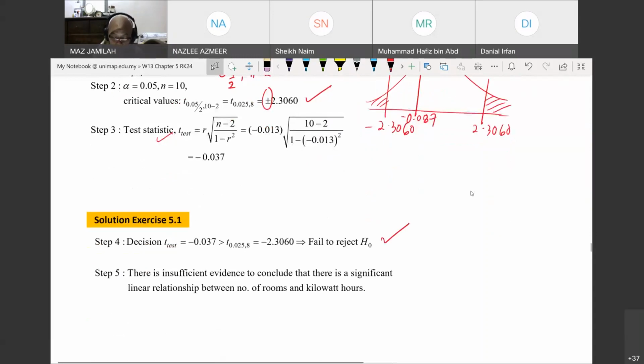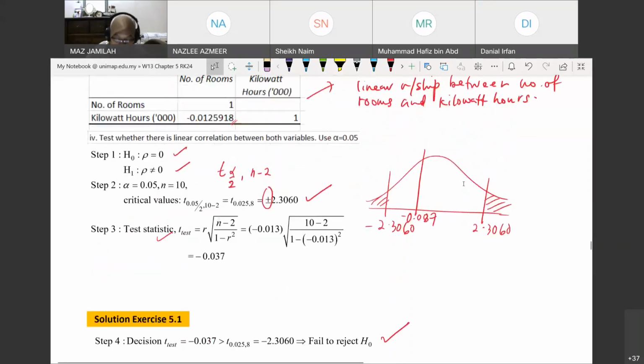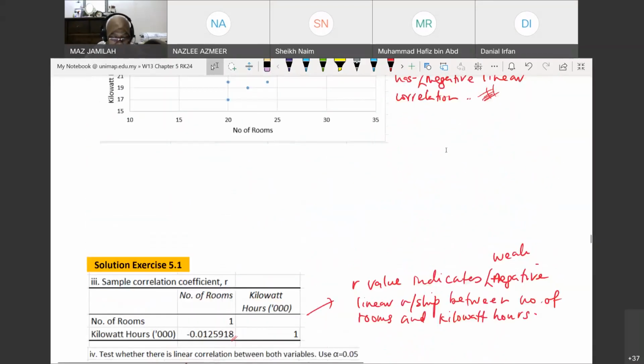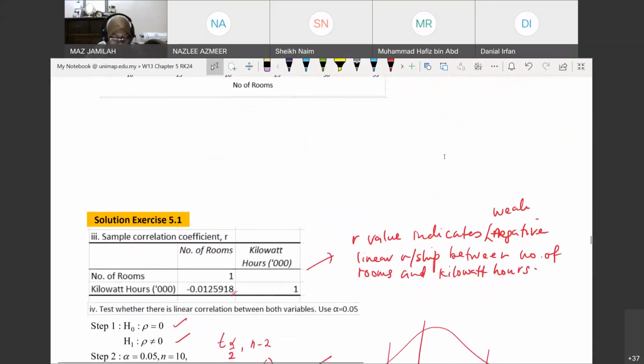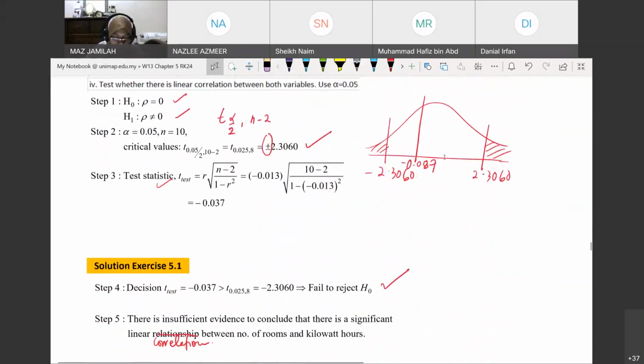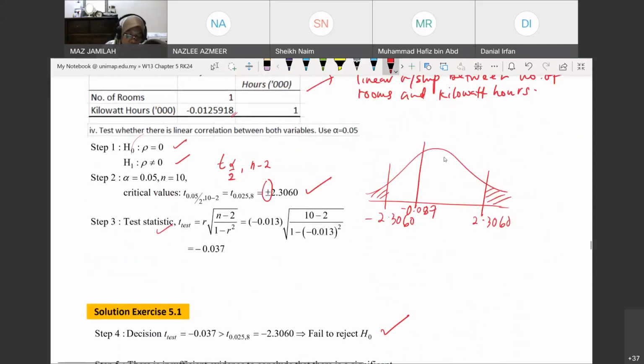So fail to reject the null hypothesis, then we have insufficient evidence to conclude that there is a significant linear correlation between number of rooms and kilowatt hour. Okay, so that's how we do the hypothesis testing for the sample correlation coefficient and to make decision for our rho. That would be our population correlation coefficient.